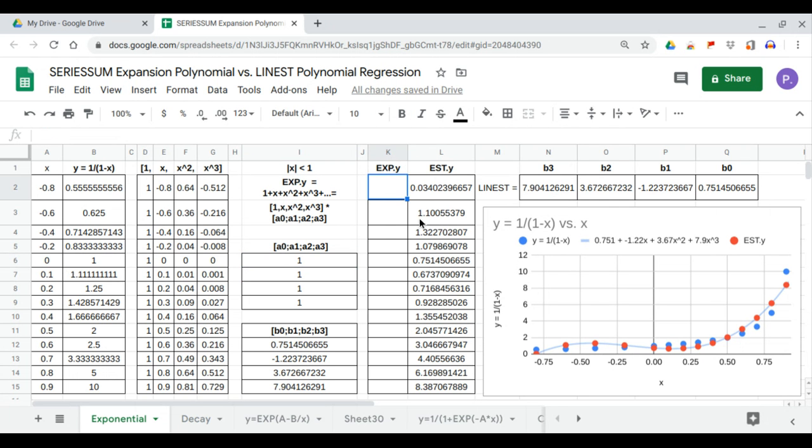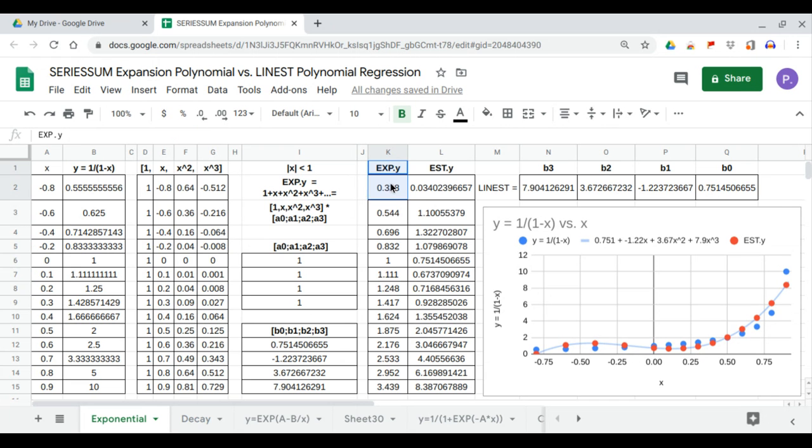Now we can calculate the expansion y, which is our formula SERIESSUM of the x values, and our x starts from power 0, incremented by 1 to x cubed. And the coefficients a are these values.